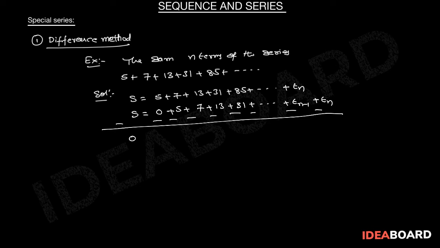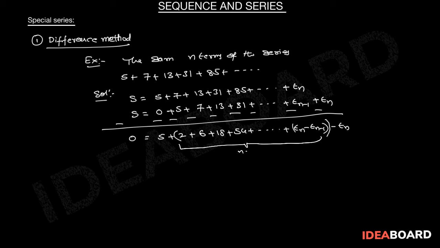we get 0 equal to 5 plus 2 plus 6 plus 18 plus 54 plus and so on plus Tn minus 1 minus Tn. These are n minus 1 terms.